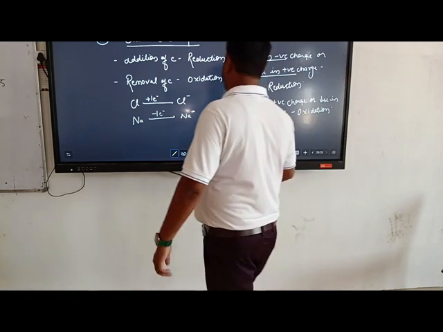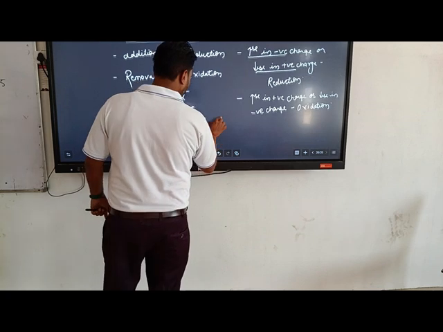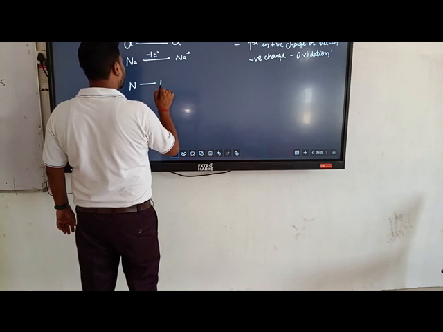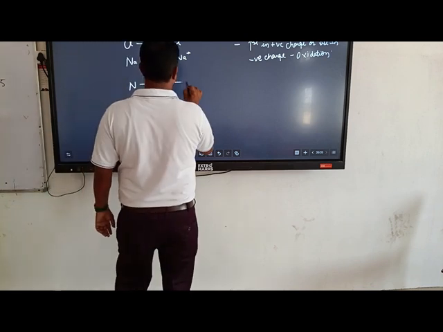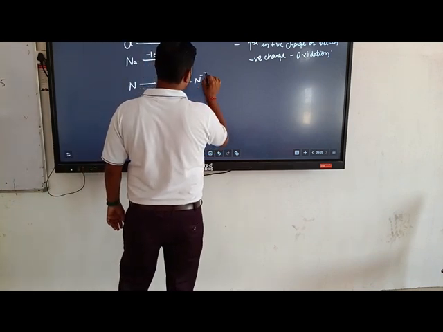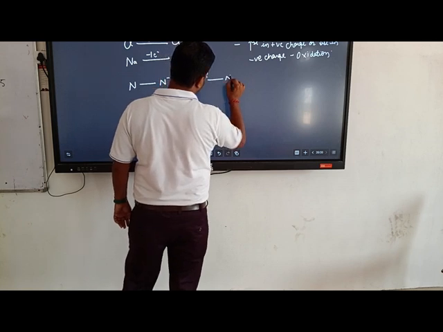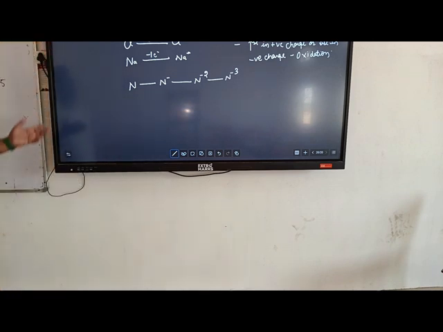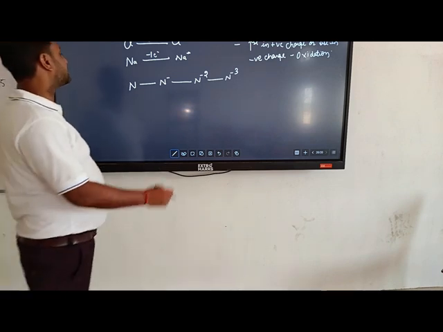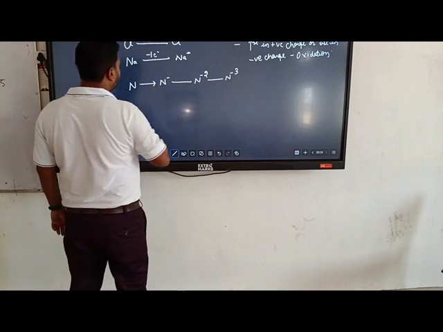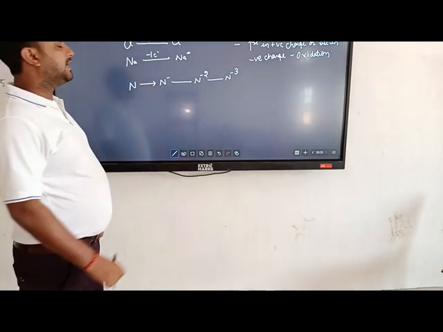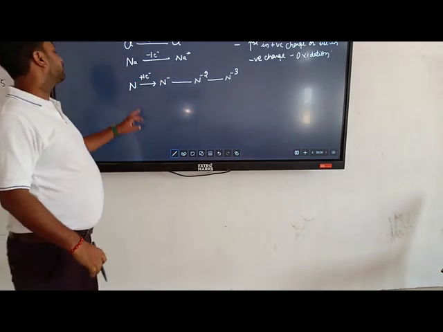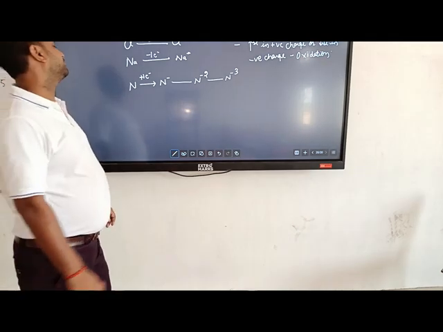For example, students, it is N, which is converted into N minus 1, again it is converted into N minus 2, then it is converted into N3 minus. Now, can anyone say which reaction sequence this is? So conversion of N to N minus 1 has taken place by addition of one electron, so it is the reduction of nitrogen.